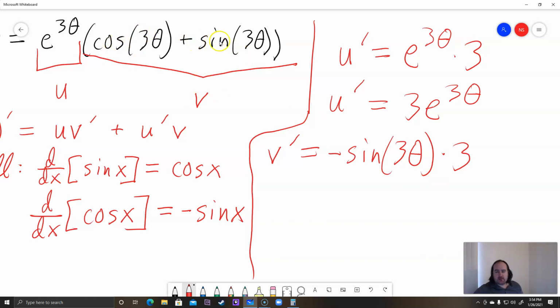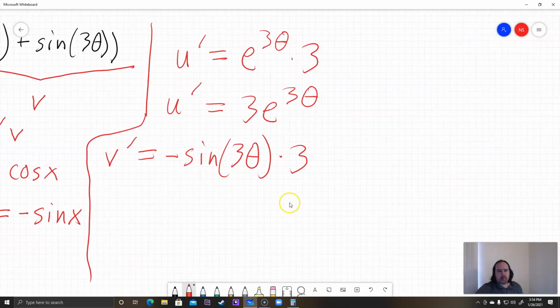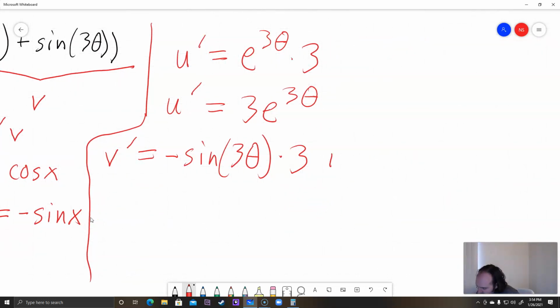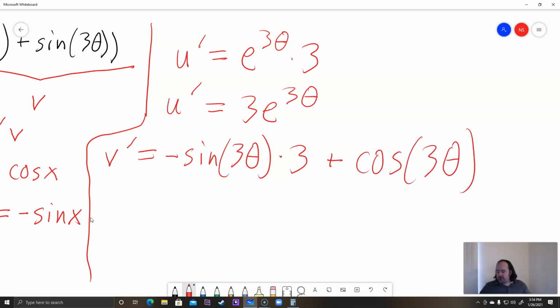Okay, so that's the derivative of cosine of 3 theta. And then we also need to do the derivative of sine of 3 theta. Once again, that's a composite function. So you take the derivative of the outer function, inner left alone, and then you multiply times the derivative of the inner function. The derivative of sine is cosine, so we're going to have positive cosine of 3 theta, times the derivative of 3 theta, which once again is just 3.